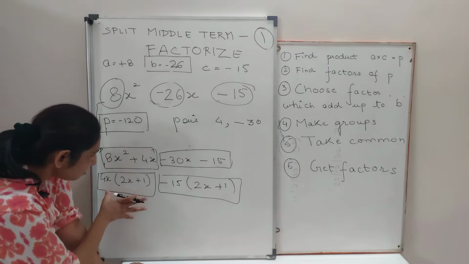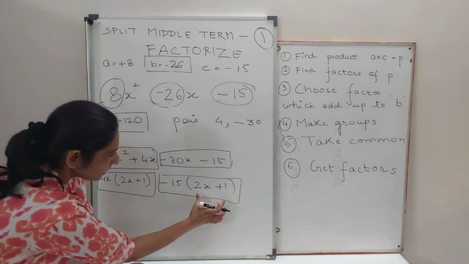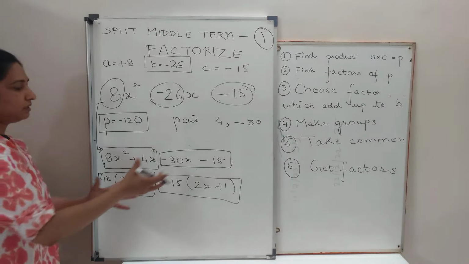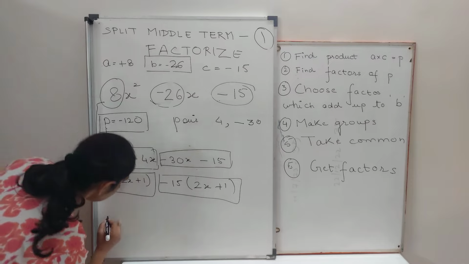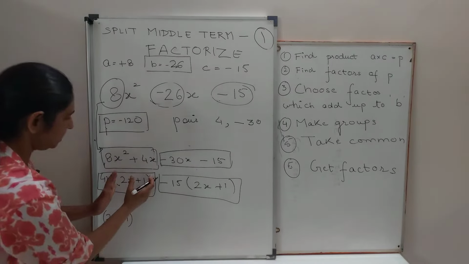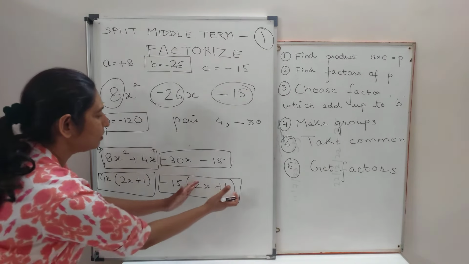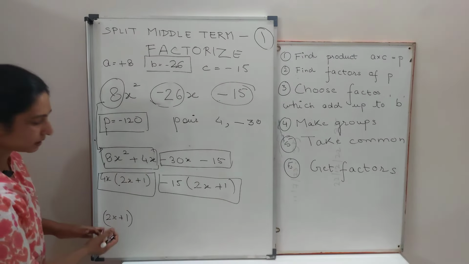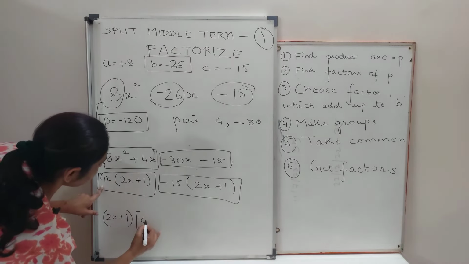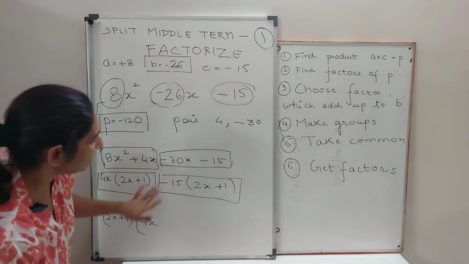Okay. Now out of this box and this box, we can see that 2x plus 1 is common. So from this box and this box, I take out 2x plus 1 common. Now what am I left with in this box? I'm left with only 4x. What am I left with in this box?